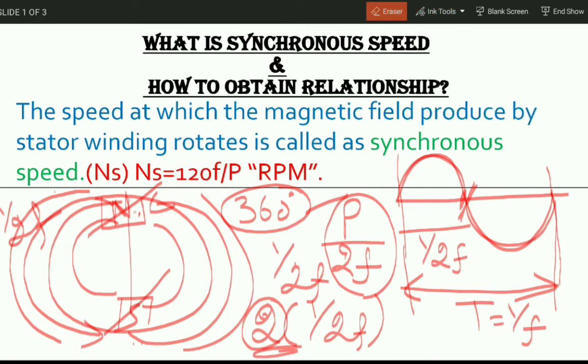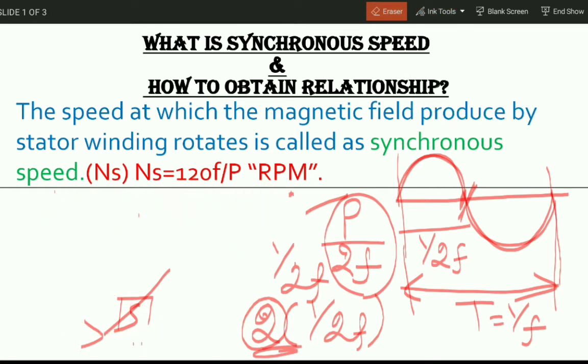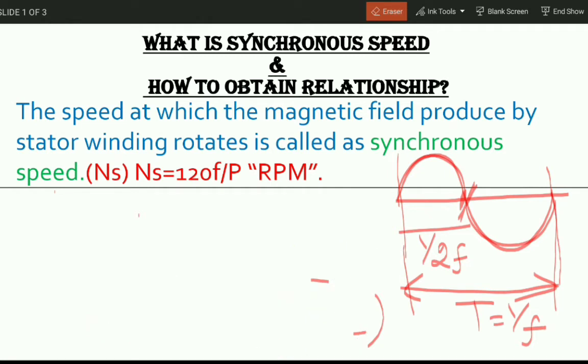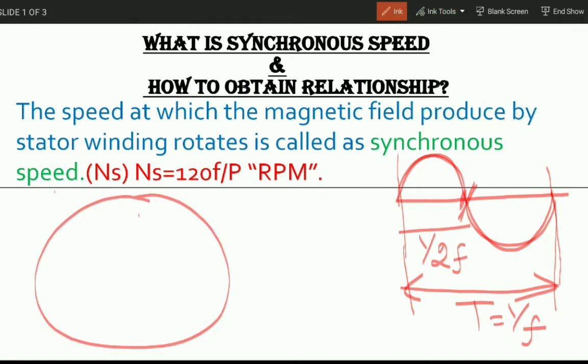The same thing we can do by taking four poles, and we will get the same relation. If it is four poles, here we have north, south, north, south.